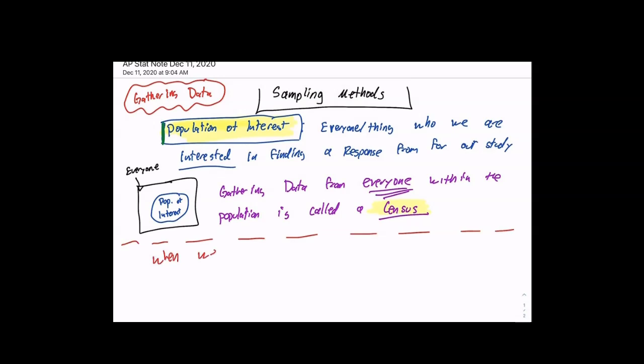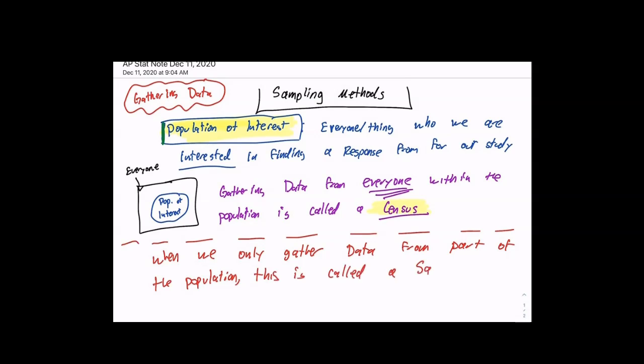When we only gather data from part of the population, this is called a sample. Another one.